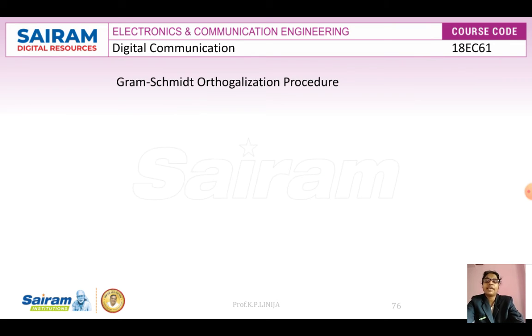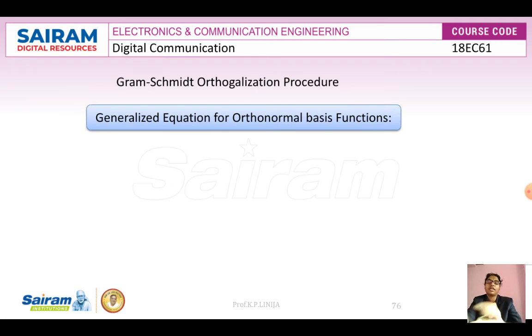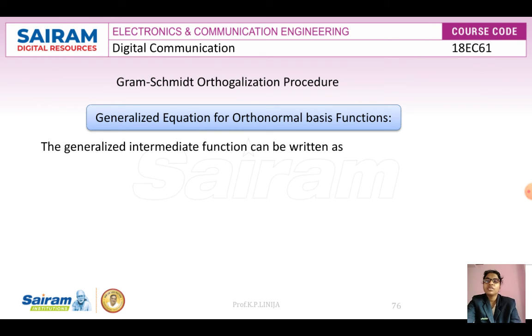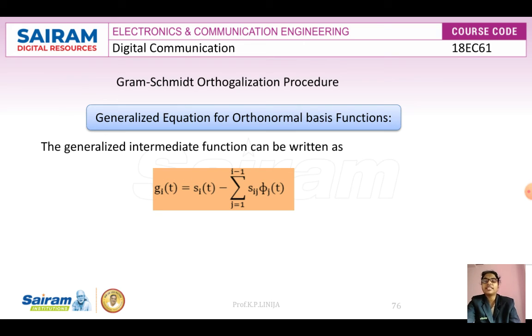And in the Gram-Schmidt orthogonalization procedure, the last thing we are going to see is the generalized equation for the orthonormal basis function. So the generalized intermediate function can be written as gi of t is equal to si of t minus the summation from j equal to 1 to i minus 1 of sij into phi j of t.